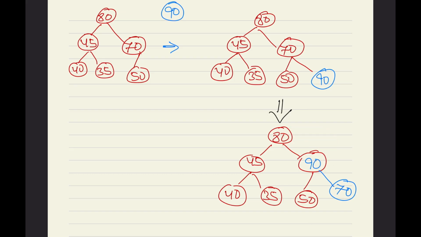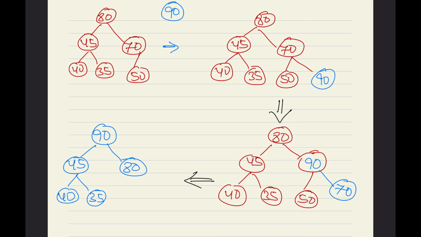So 90 comes here, then the left child is 45, and its right child should be 80 after swapping. Then for 45 it is 40, 35, and for this one it is 50 and 70.